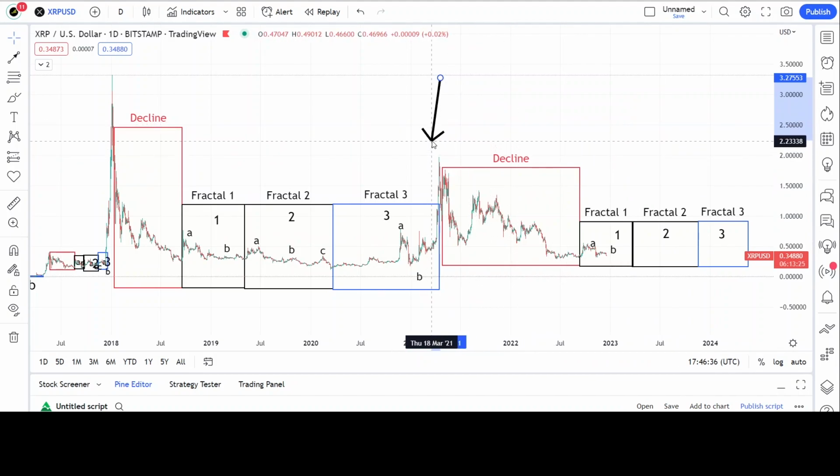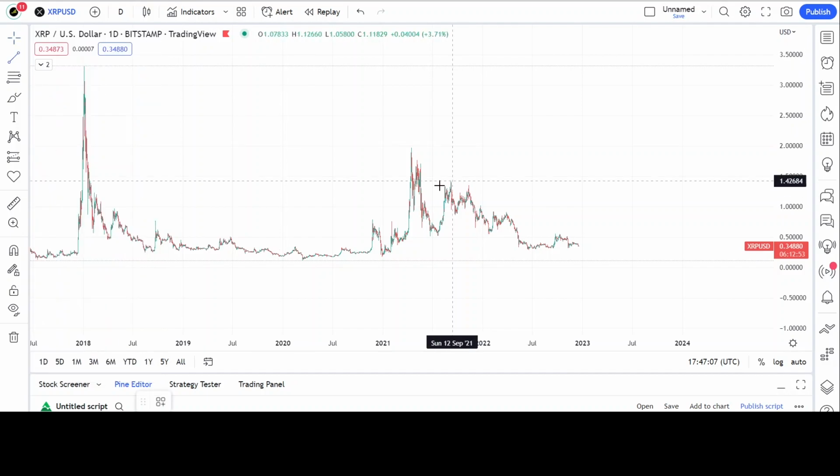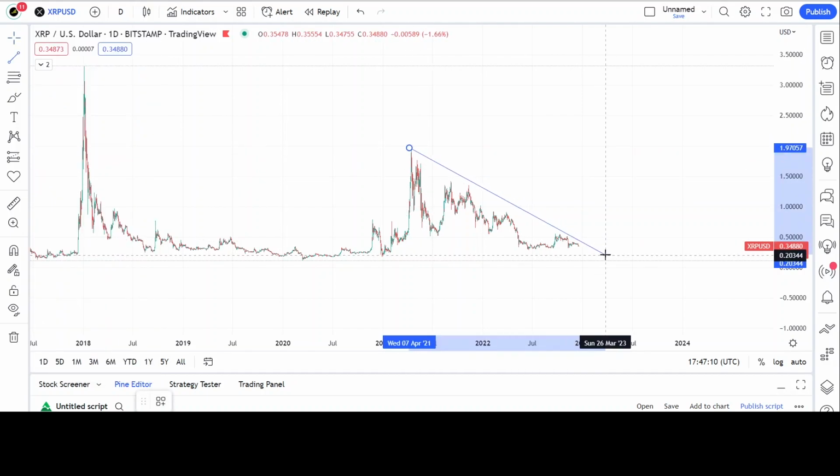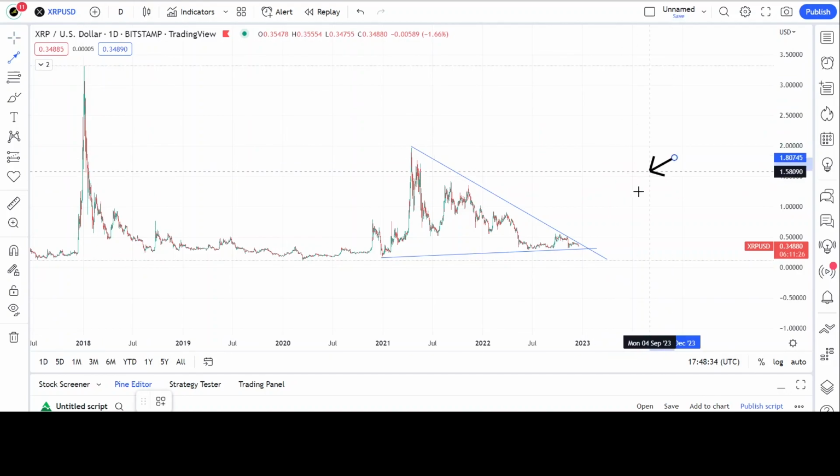Let me take this stuff off the chart. I come across a lot of technical analysis that relies on something like this. People will draw a triangle, and then they'll say, as soon as this completes, XRP is going to shoot up.